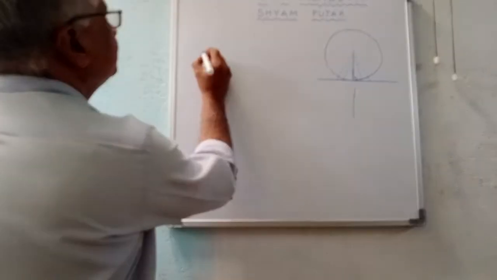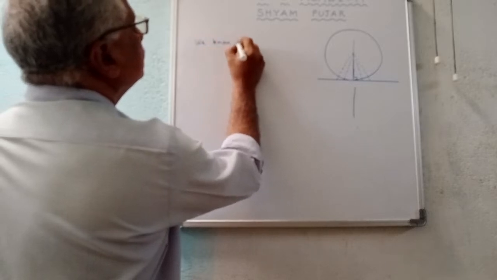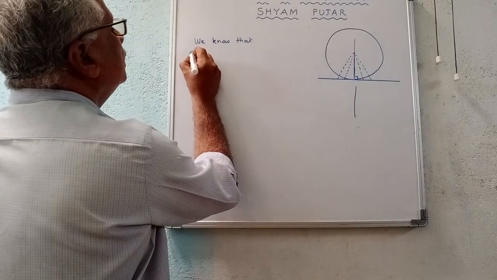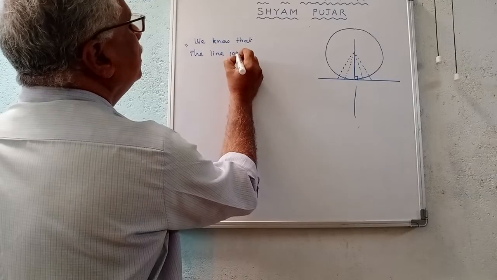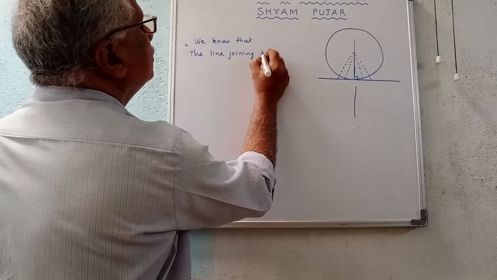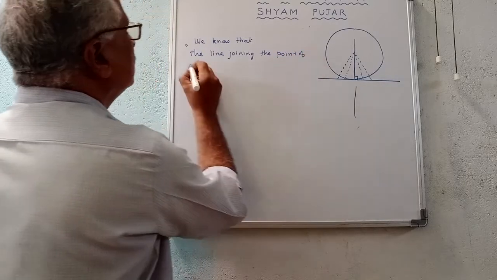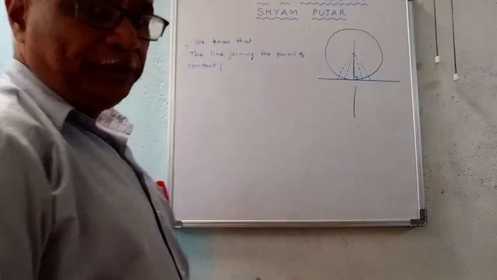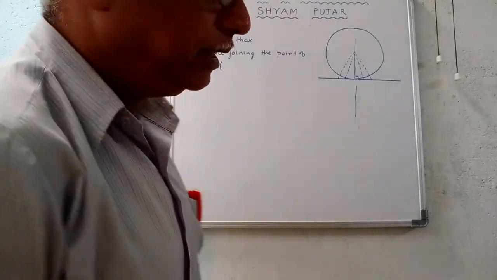Hence, we know very well that the line joining the point of contact. What do you mean by the point of contact exactly? It is the point where the tangent touches the circle.